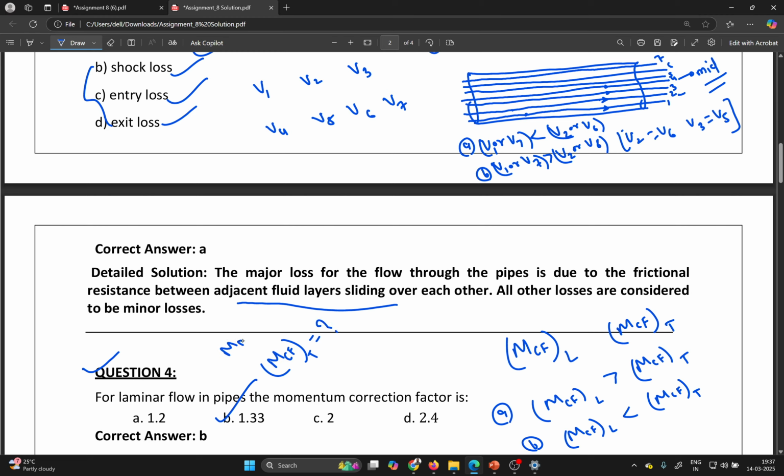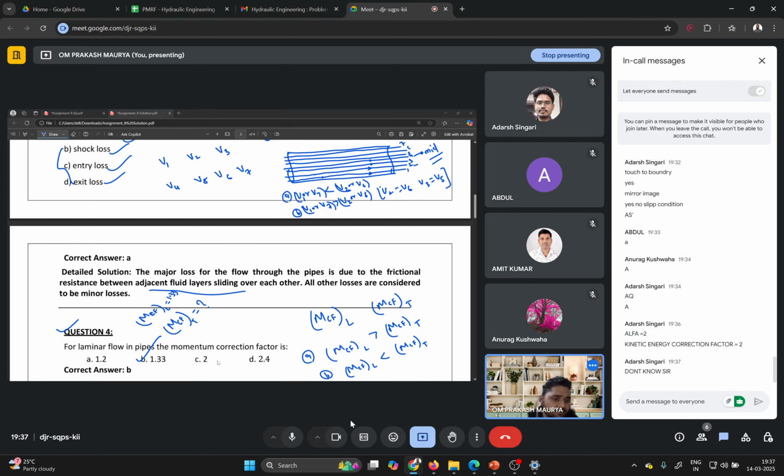The value of the momentum correction factor in case of laminar is 1.33. But in case of turbulent, try to write your answer in the chat box, and whether option A or option B will be correct. Let me see your answer.